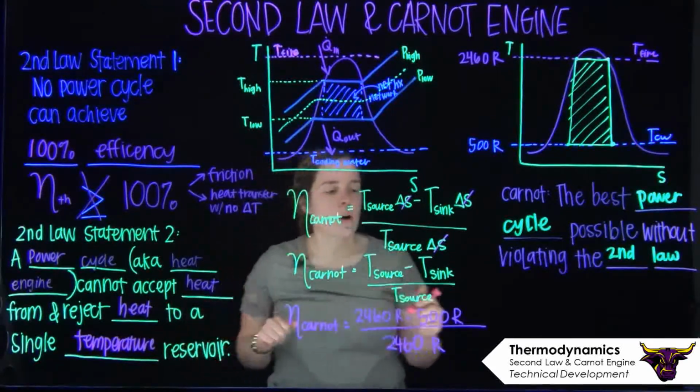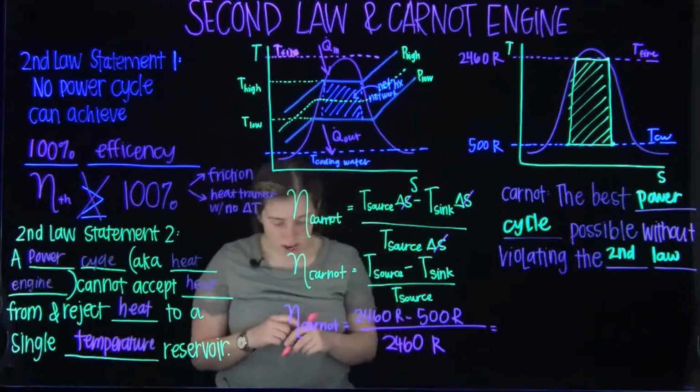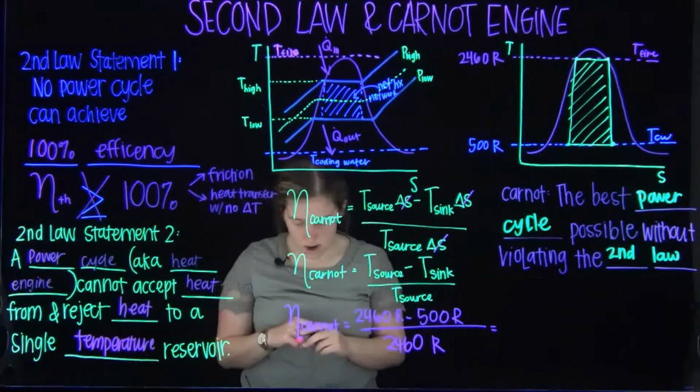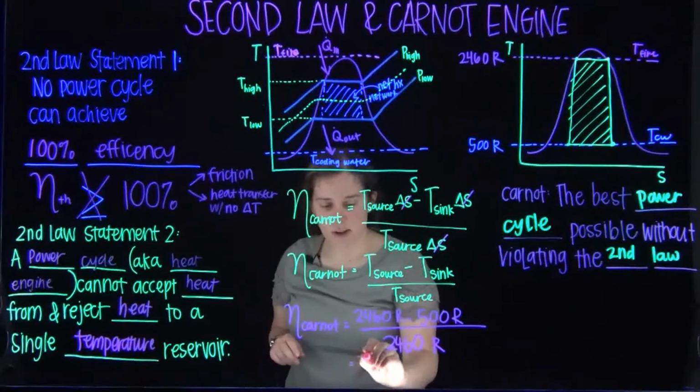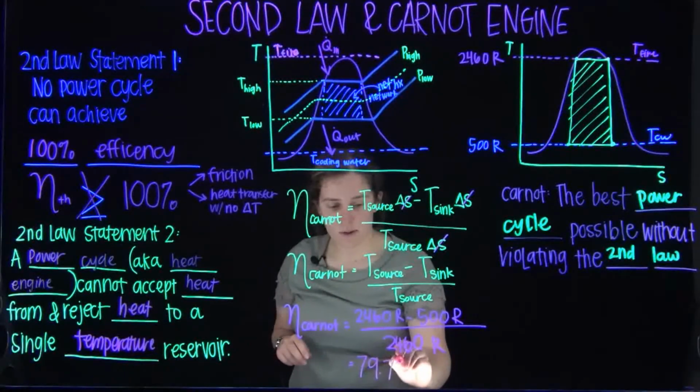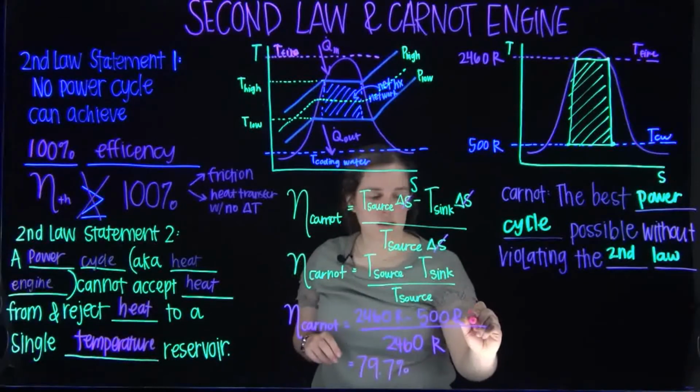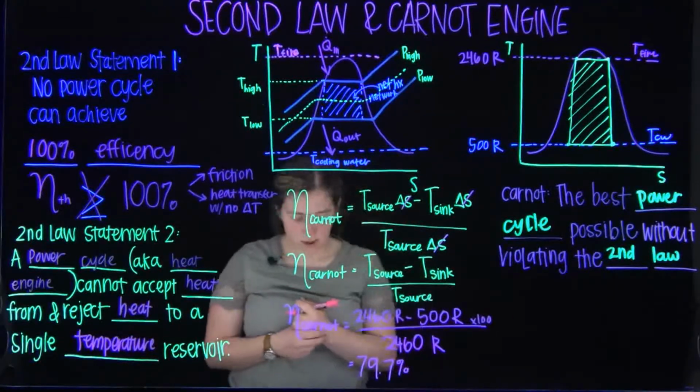work. So if we are to do this, we get a value of, I'm going to put this down here, is equal to 79.7%. Obviously, this is times 100 to be able to get a percent.